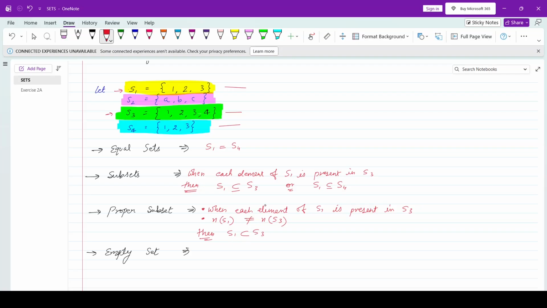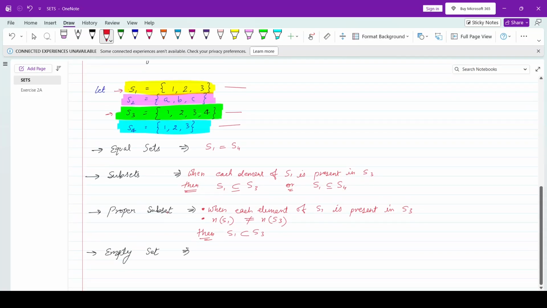Now you can see the symbol for subset is this. However, the symbol for proper subset is this. It does not have an equal sign at the bottom. That means the number of elements are not equal. Here we may have an equal number of elements in both sets, that's why we have an equal sign at the bottom.